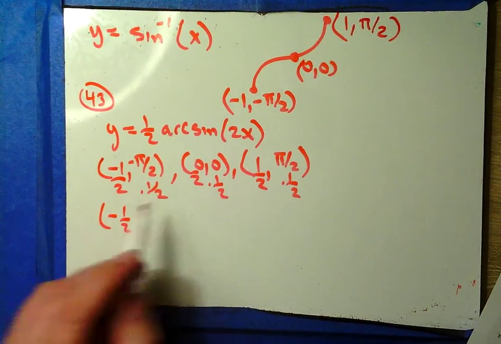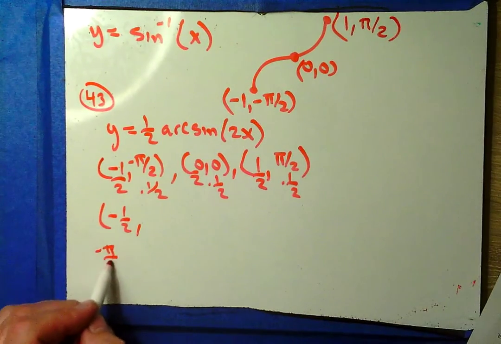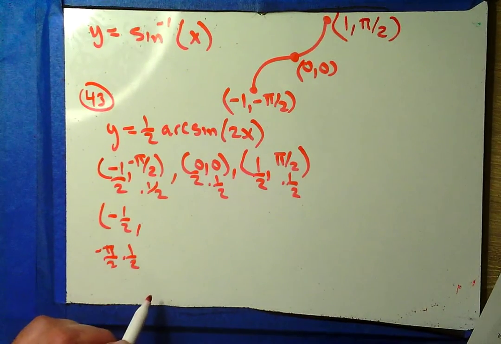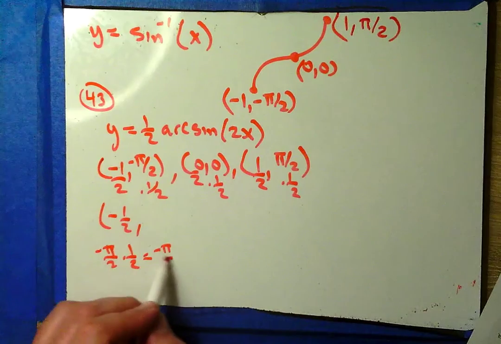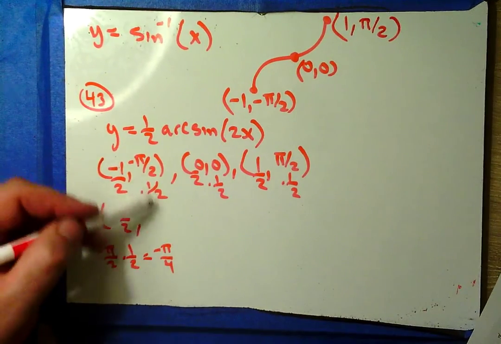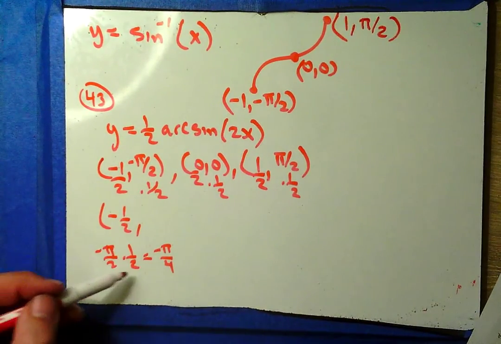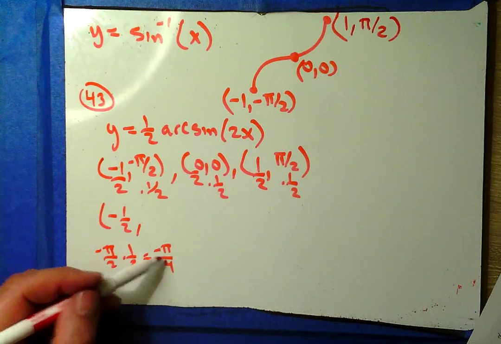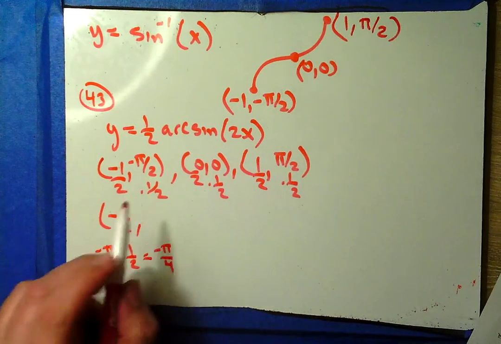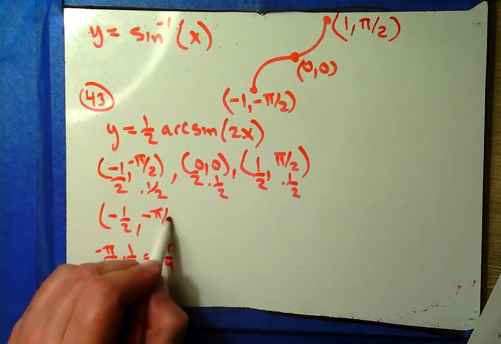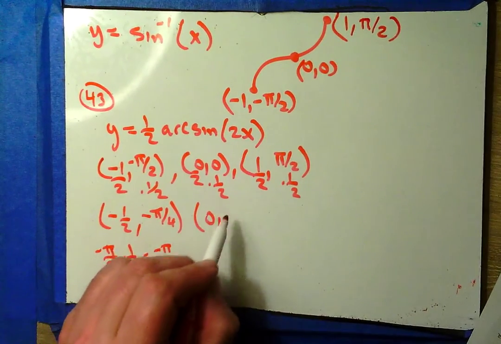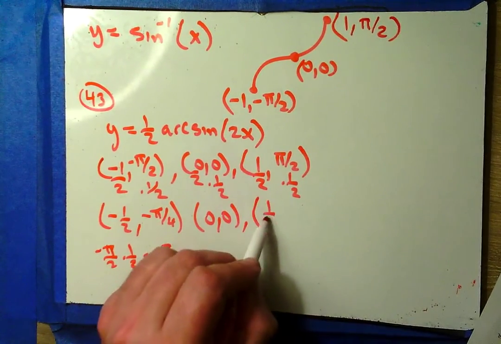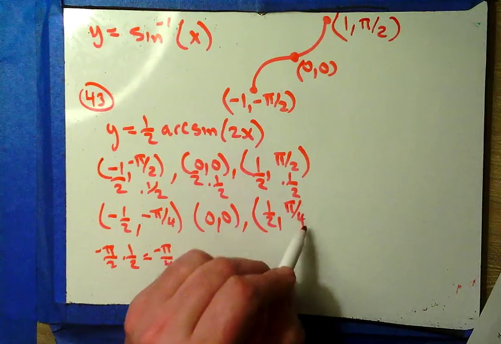Be careful here. Negative pi over 2 times 1/2 is not negative pi, it's negative pi over 4. A lot of students do this in their head, and because they're rushing, they miss this, and they call it negative pi. Watch out for that, please. Negative 1/2, negative pi over 4; 0, 0; 1/2, pi over 4.